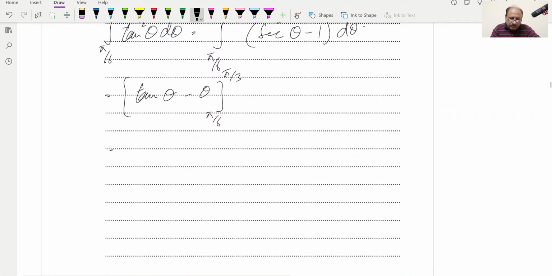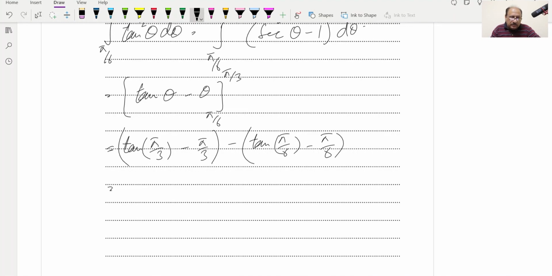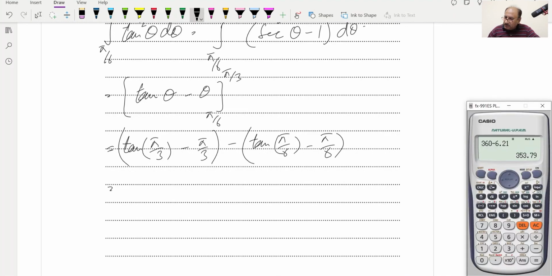The upper limit will result in tan of pi by 3 minus pi by 3. We replace the upper limit, and now we will replace the lower limit. So tan of pi by 6 minus pi by 6.